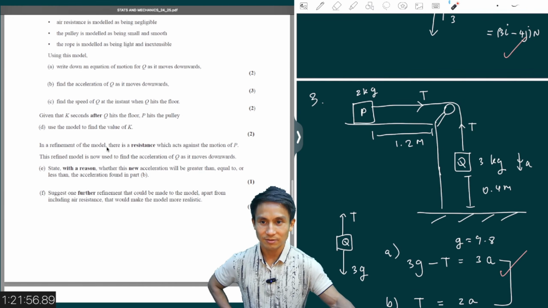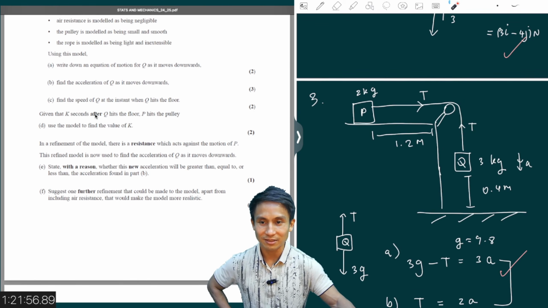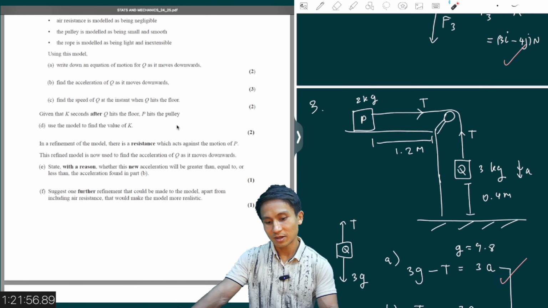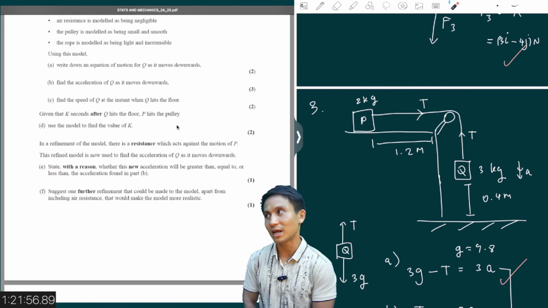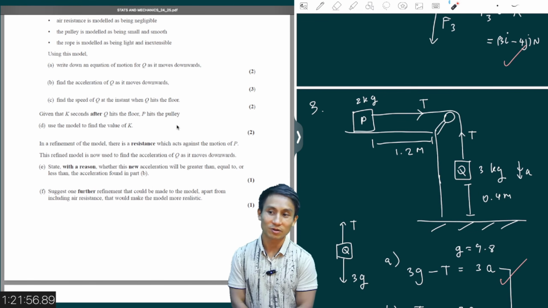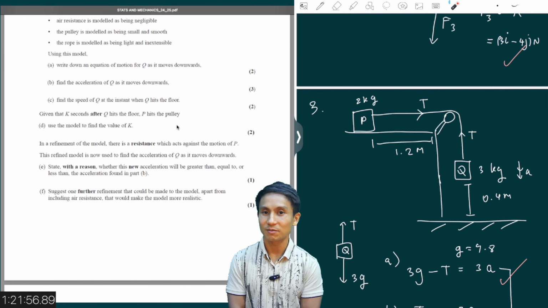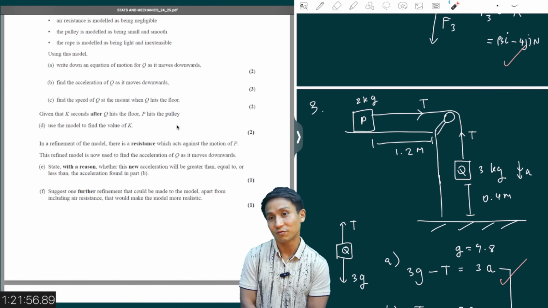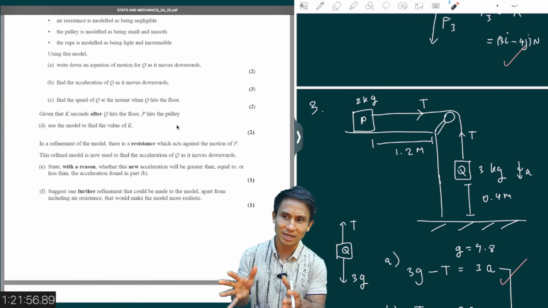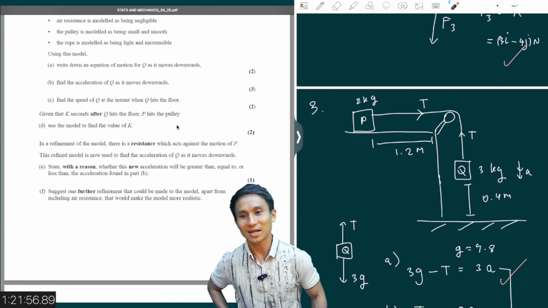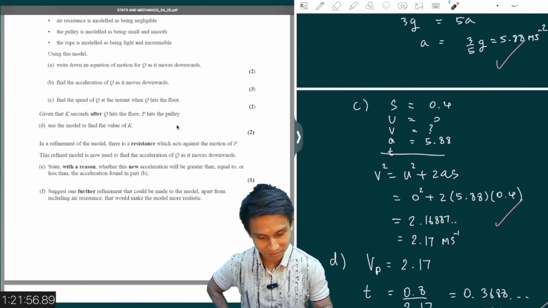But yeah, it's just that this k seconds thing is probably not that typical, because normally it would have been like proving that P doesn't reach the pulley or something, where there is a friction on the floor, and you would have had to prove that the particle P doesn't reach the pulley because there is a friction, so it would decelerate. But in this case, it's smooth, so it asks you to calculate the time taken for it to reach the pulley instead. That can happen, yeah, and it happens here for this paper.